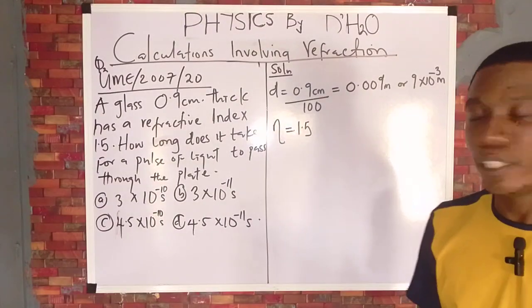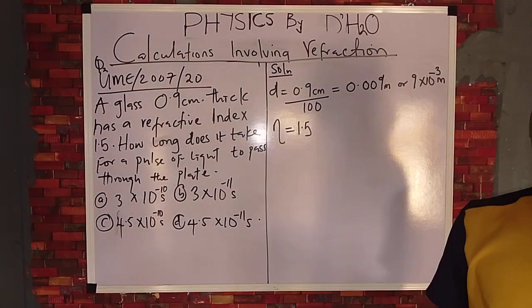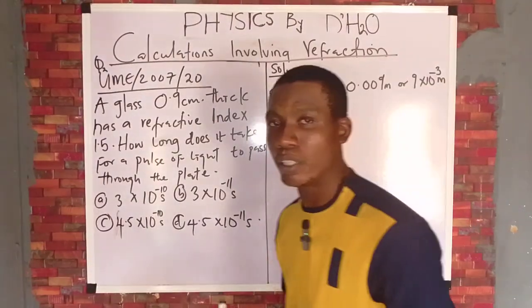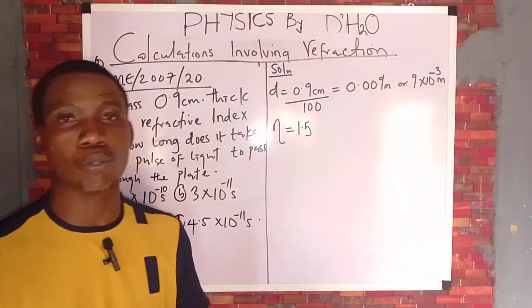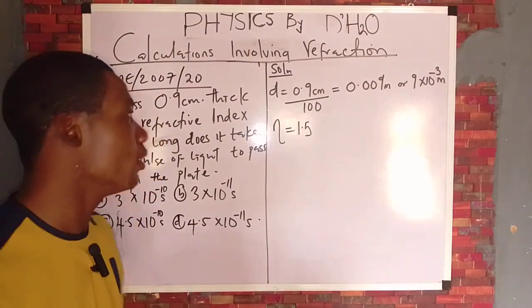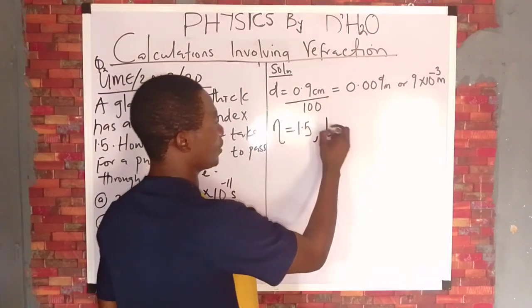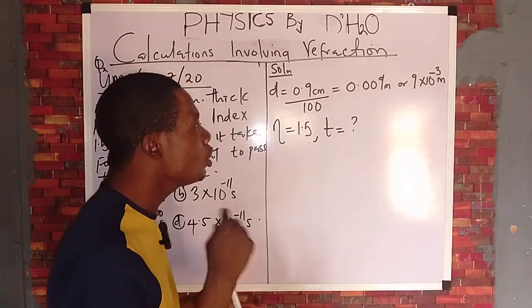It means that in this question, we are going to be calculating the time taken for the light to move from air back to air, because if you move from air, it will pass through the glass and then go back to air. So we are looking for time. You can write that your time is unknown. Now, what do we also need?